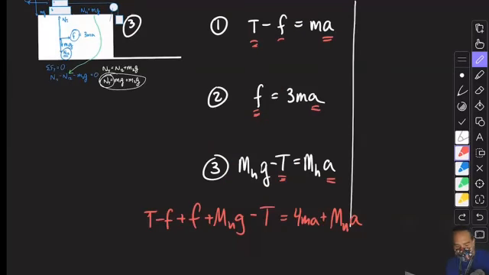Now, if I do that, internal forces are all going to go away. They have to. Friction cancels with friction. Tension cancels with tension. And I'm left with whatever is causing the system to move and how the system moves.